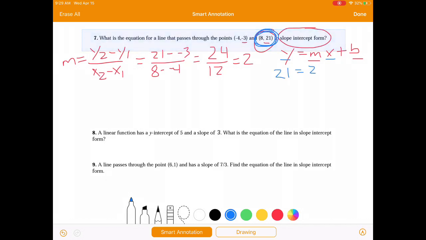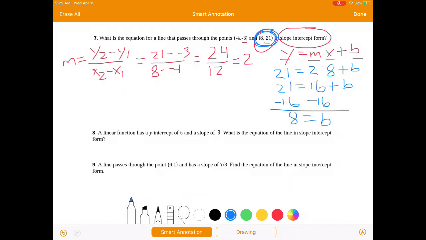We just figured out the m is 2, x is 8, and we're going to use this equation to solve for b. So 2 times 8 is 16. So we simply subtract 16 from both sides and figure out that b is 8. So the two components of this equation that we need are the slope of 2 and the y-intercept of 8. So our equation is y equals 2x plus 8.